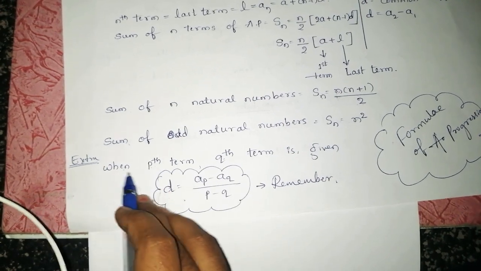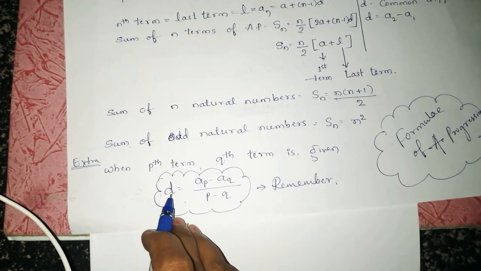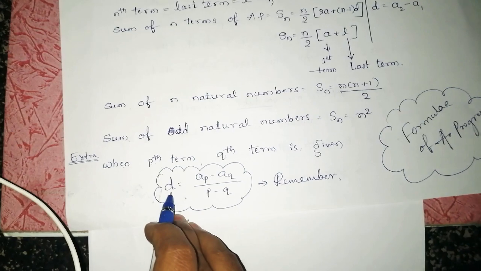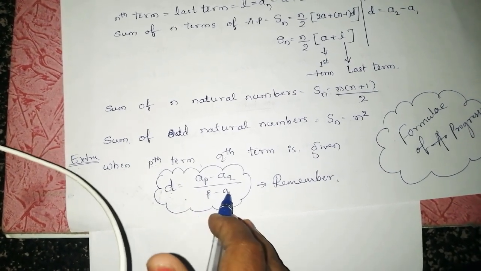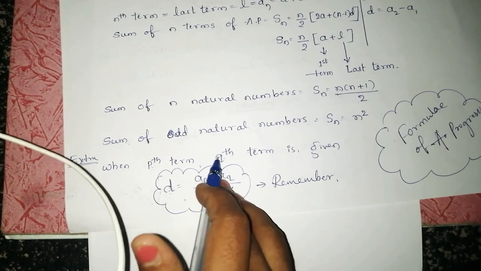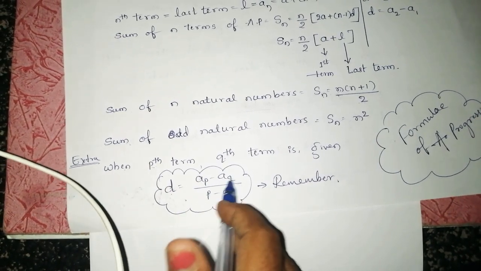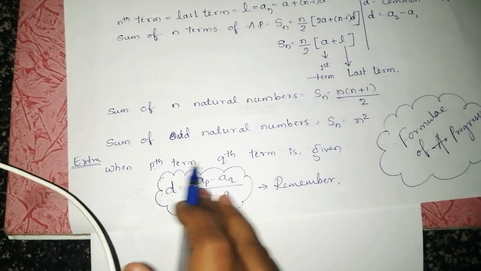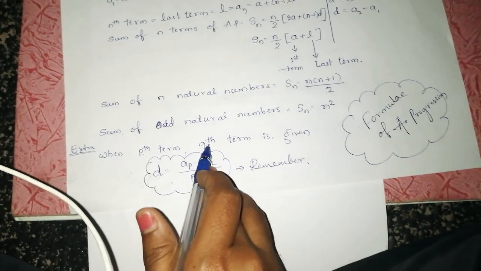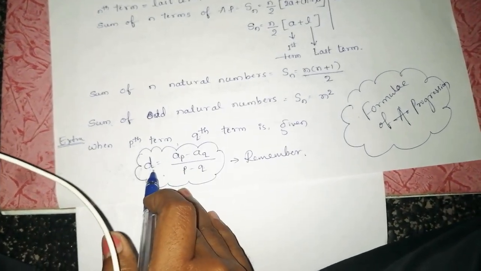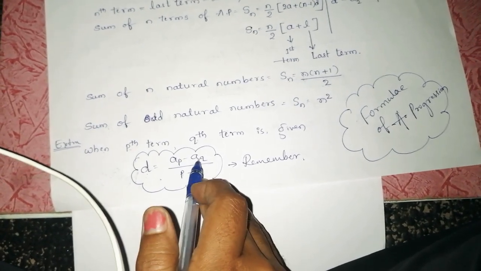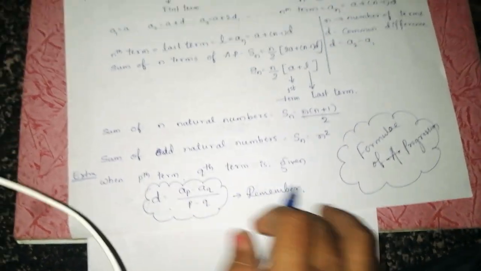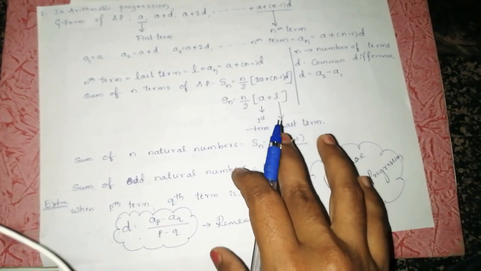It may be the 16th term, 17th term, whatever. If it is the mth and nth term, that is am minus an by m minus n. So generally, when the pth term and qth term are given, the common difference d is ap minus aq divided by p minus q. So this is the overall concept of AP.